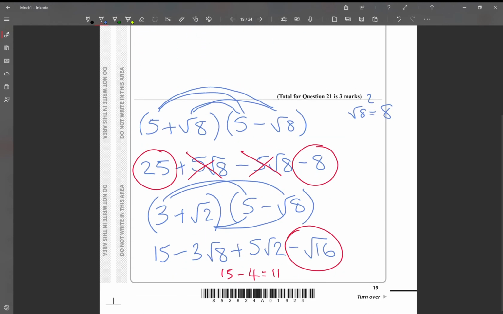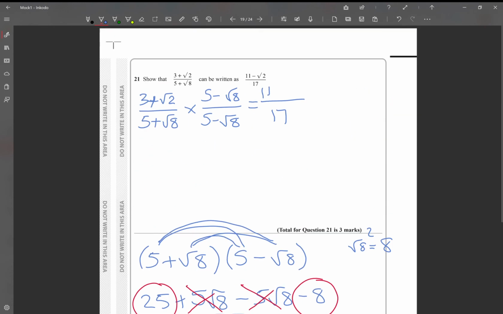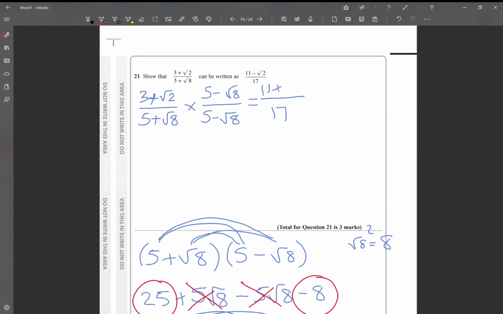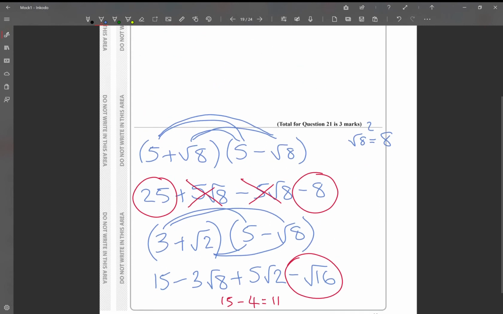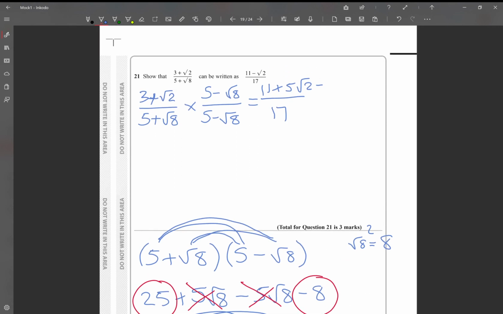We'll go back to that in a second. And then you've got 5 root 2, plus 5 root 2, and then minus 3 root 8. Doesn't really matter that it's not quite straight. Now it's not quite showing it yet, and that's what's happened.